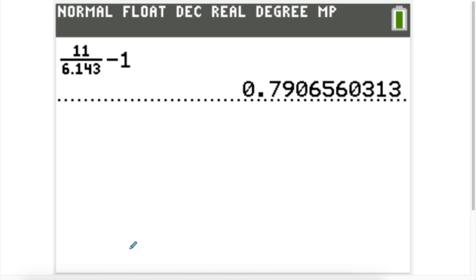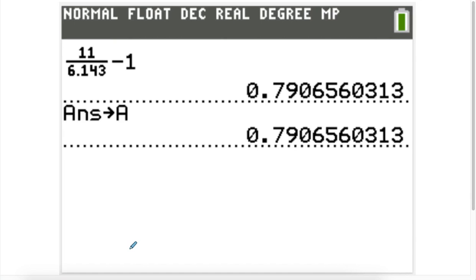Now, generally, we would round our answers to 3 decimal places, but we want to think about this as an intermediate step. So we can either write down this whole big value, or I think an easier thing to do is to store this in the calculator. So if you hit the STO button and then choose a letter, in this case, since we're solving for a in our equation, I saved it as a.